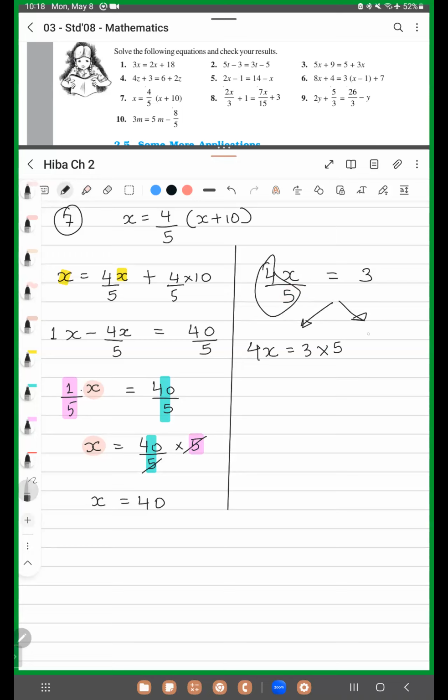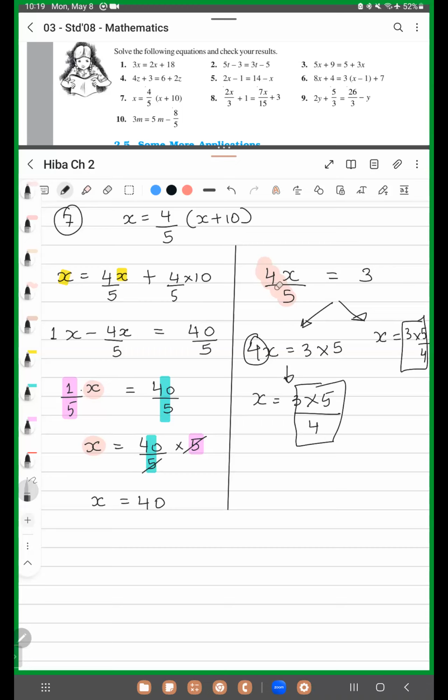So it becomes x is equal to 3 into 5 by 4, the multiplicative inverse of 4 by 5. So these are both the ways. In this, x is equal to 3 into 5, then we take the 4 below, by 4. So you see it's the same answer in both ways, whichever way you choose.